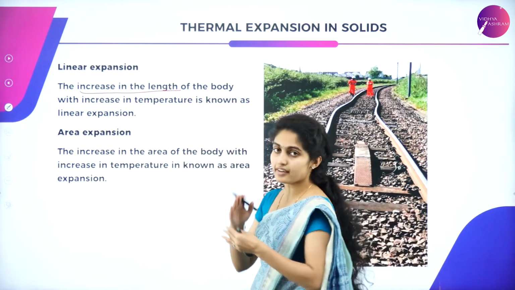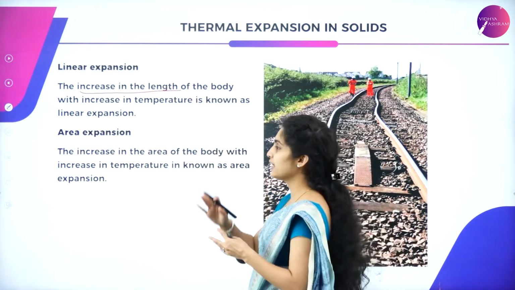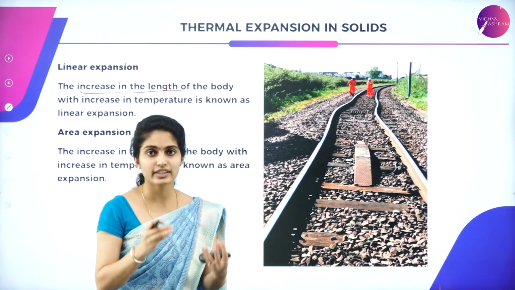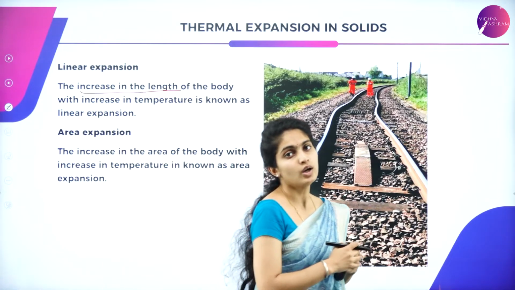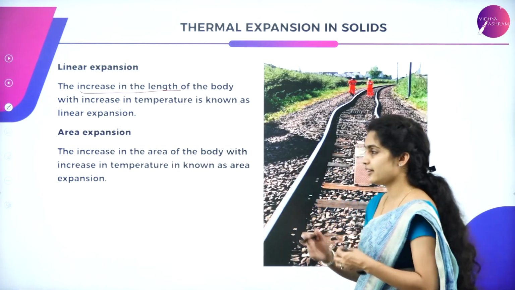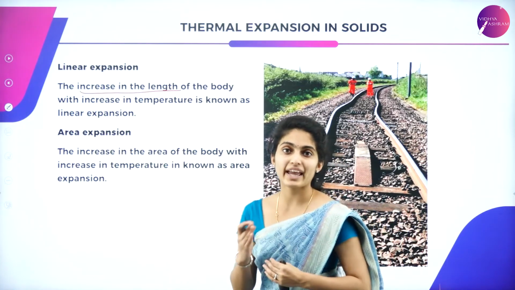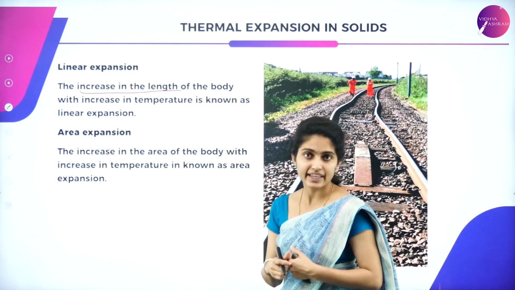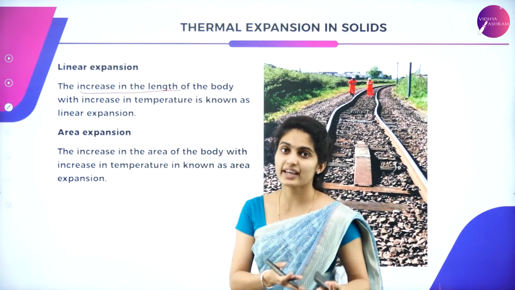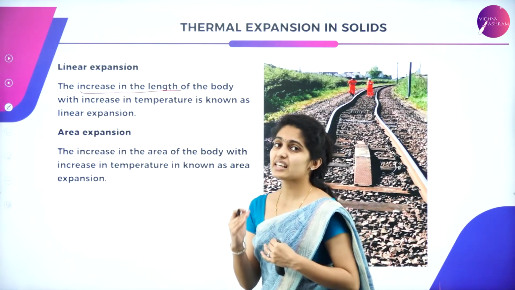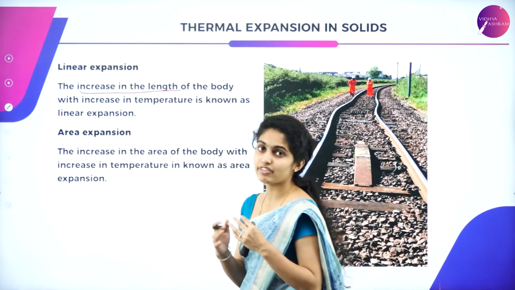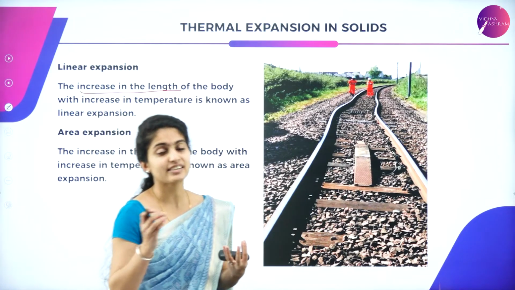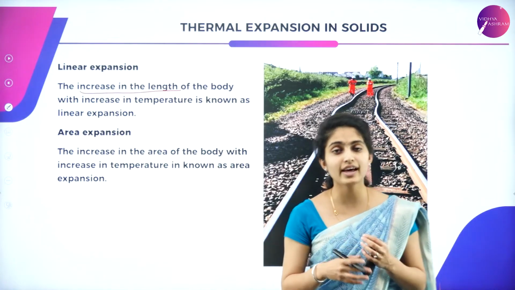So linear expansion means the length is increased compared to the original length when the temperature of a body is increased, that means when heat is supplied to it. That is all about linear expansion. And when you come to area expansion, it is the same thing: the area is expanding, that is, extra area is added. So it is the increase in the area of the body when there is an increase in temperature, when heat is supplied to a substance or an object.